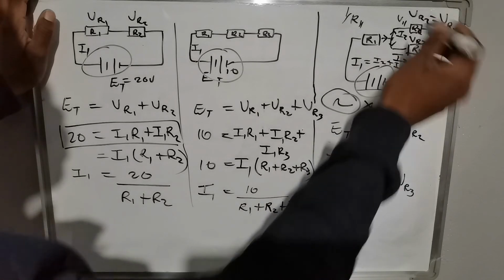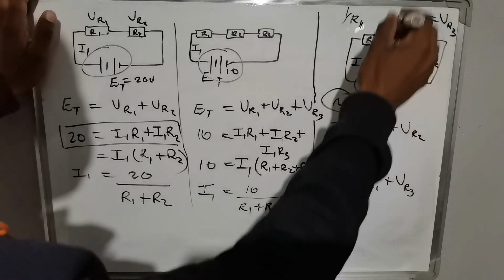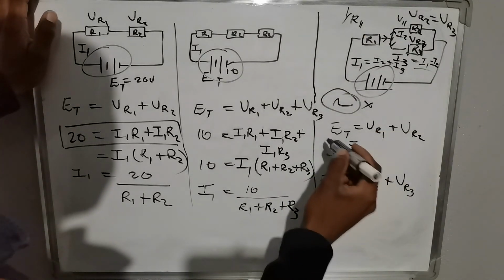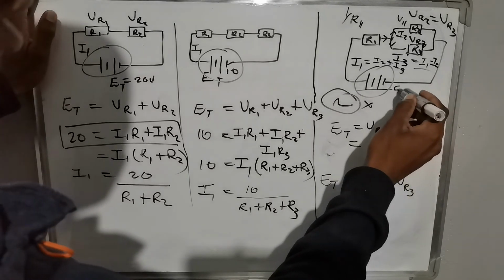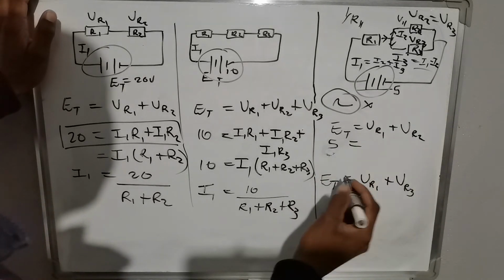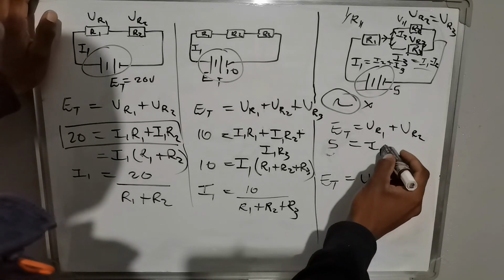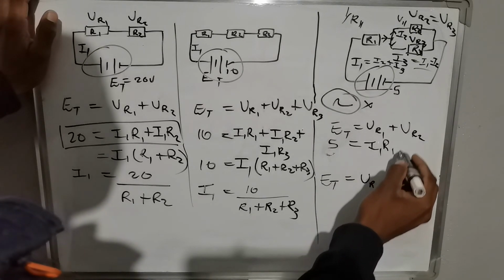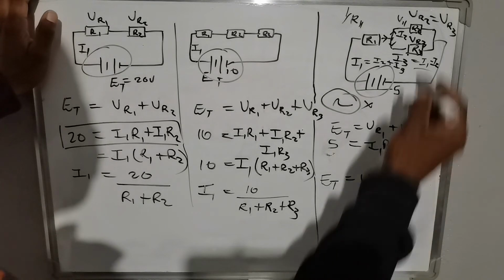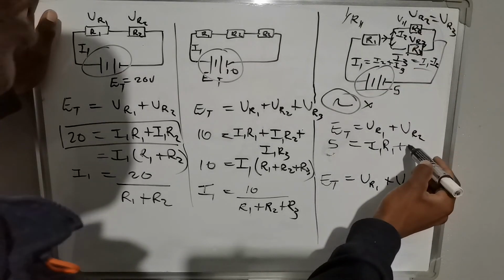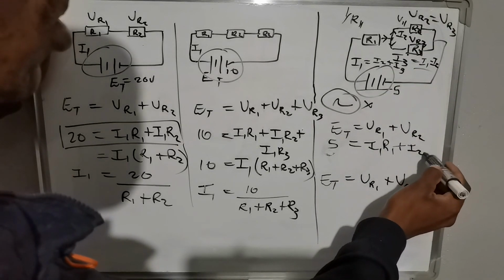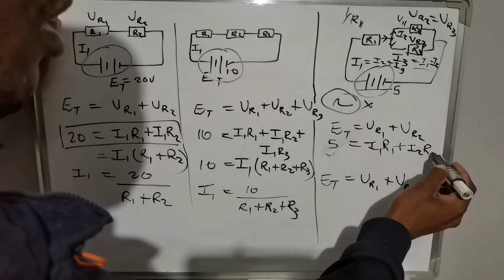So that loop, the top loop, let's say 5 lower, 5, and this would be I1, R1 plus I2 and R2.